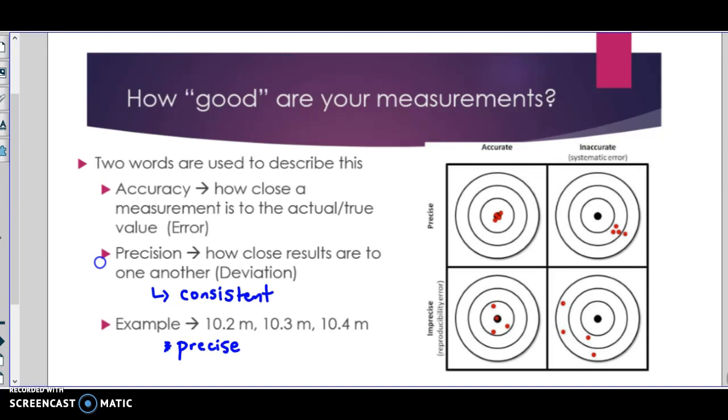You can't tell if they're accurate or not because I didn't provide you with the true value. If I told you the actual value was 10.4, you would tell me that they were also accurate. But if I told you the actual value was really something like 15, you would tell me they were not.